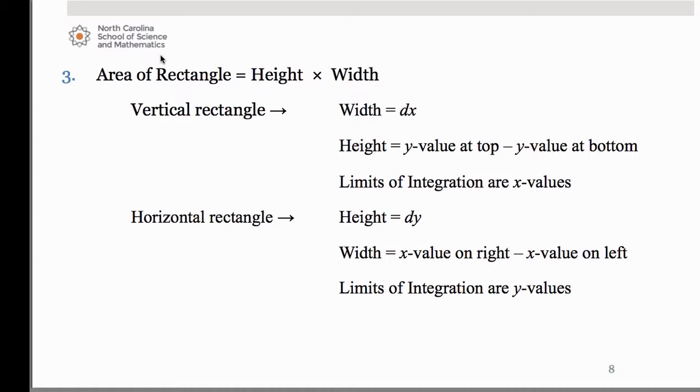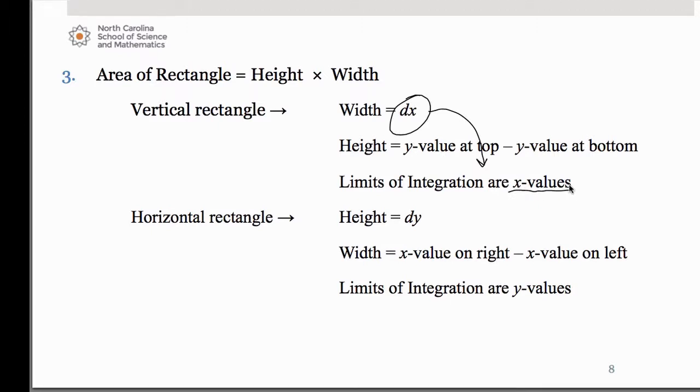That's because the width lies horizontally. Your height then, as we saw in that previous picture, is f of x minus g of x, essentially the y value at the top minus the y value at the bottom. Your limits of integration are x values. One thing to take note, if it's a dx, your limits of integration are x's.